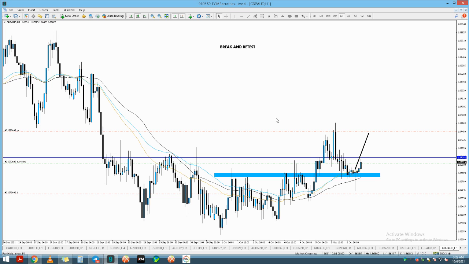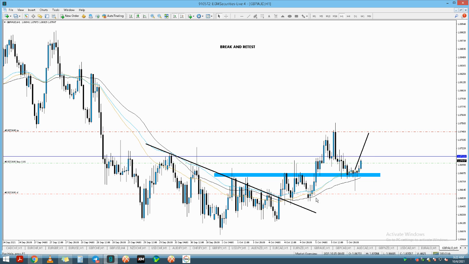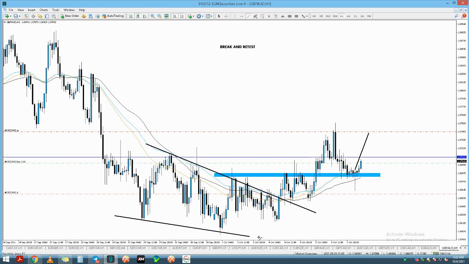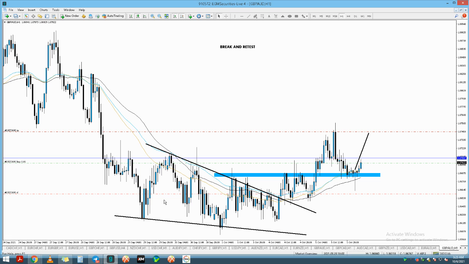Another thing you could pay keen attention to is that we have a reversal pattern here. Do you see this one? We call it an ending diagonal, or a reversal wedge pattern.